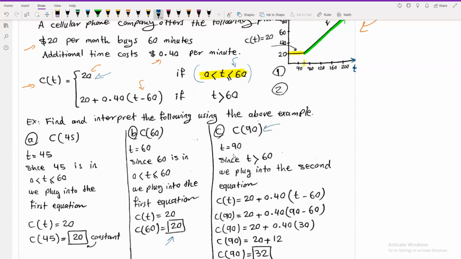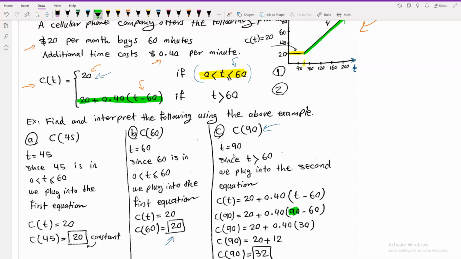Now here on this part, time is 90, which is greater than 60. So it is greater than 60. Finding cost, we have to use this part. So it's $20 plus 40 cents times t minus 60. Our t is 90.